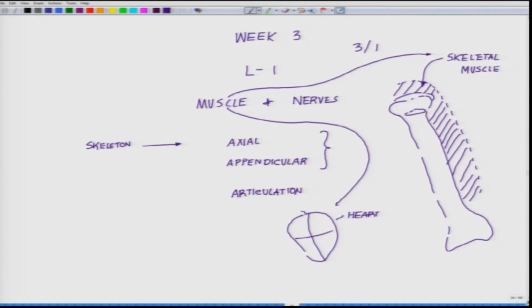Those muscles are called cardiac muscle, type two. The third one: when you eat food, it goes through the alimentary canal. This movement is like a peristalsis pump. The bolus formed by chewing the food moves down like this.